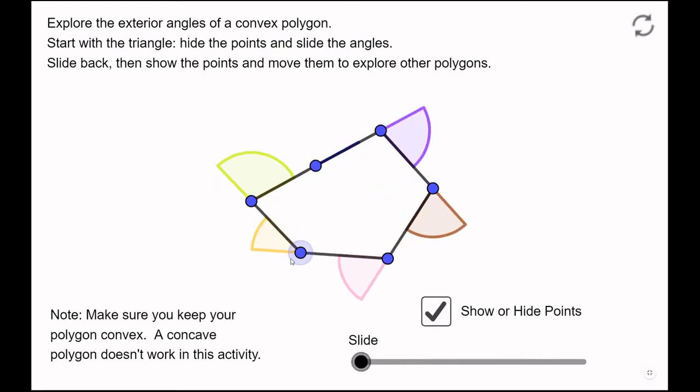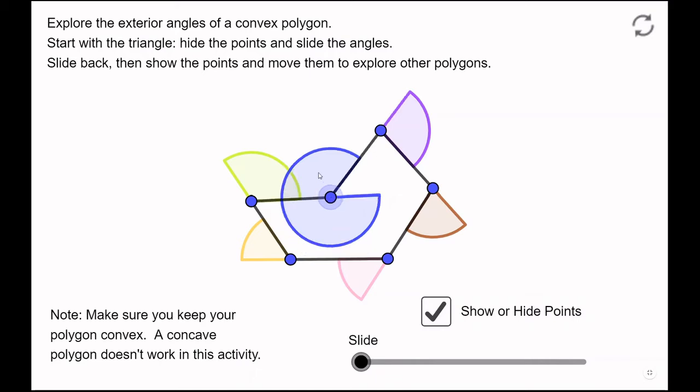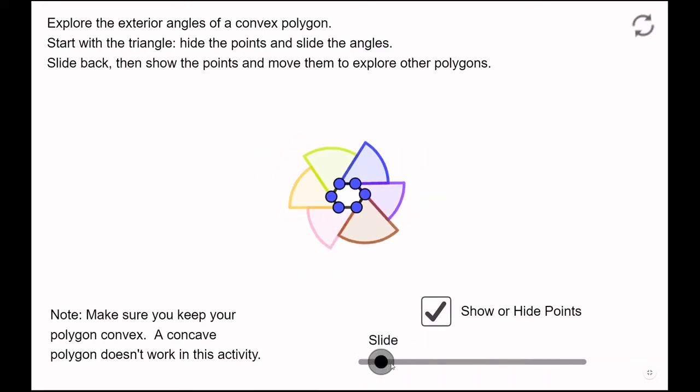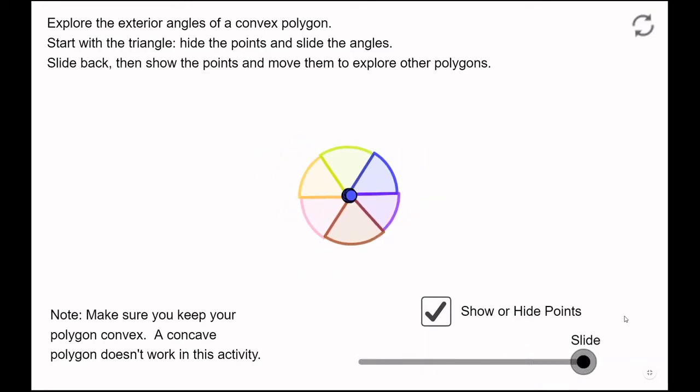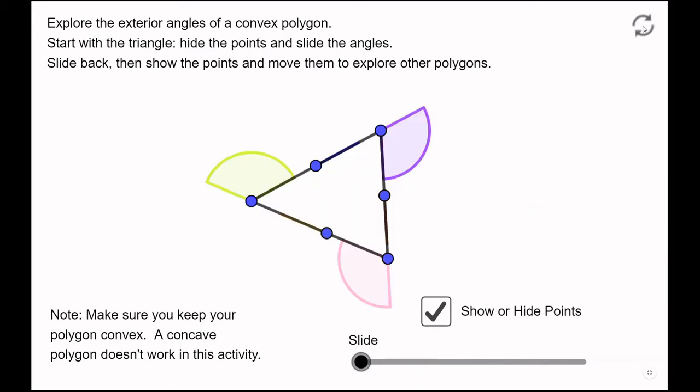I can make it a six-sided polygon. And it doesn't work if I make a concave polygon, it needs to be a convex polygon. So now I've got six sides and six exterior angles, and they still go in and make a complete circle. They still make 360 degrees, okay? And this button up here resets it to what it was when you started.